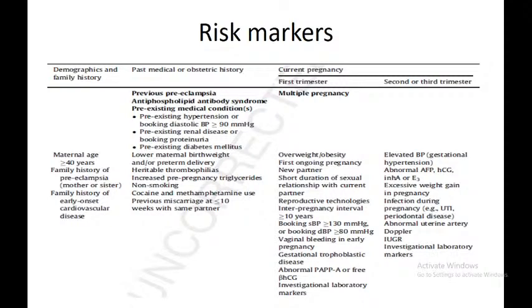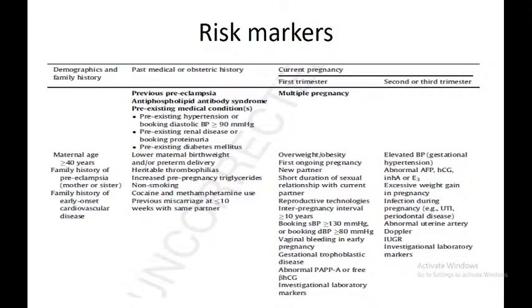And also the other condition which is important is the antiphospholipid antibody syndrome. And also if a mother has already any pre-existing medical conditions, like if she is already a chronic hypertensive, or if she has already a renal disease, or at the time of booking she has significant proteinuria, again she is likely or at risk of developing this condition.